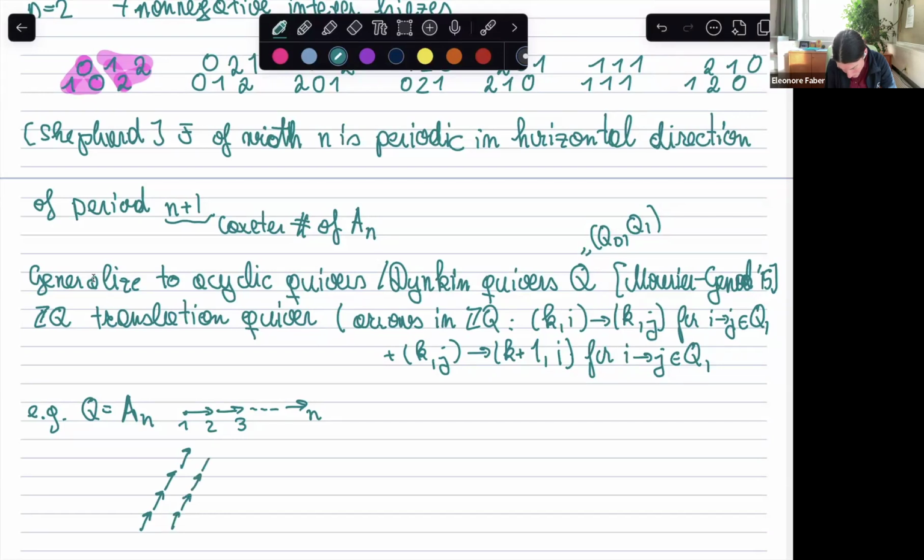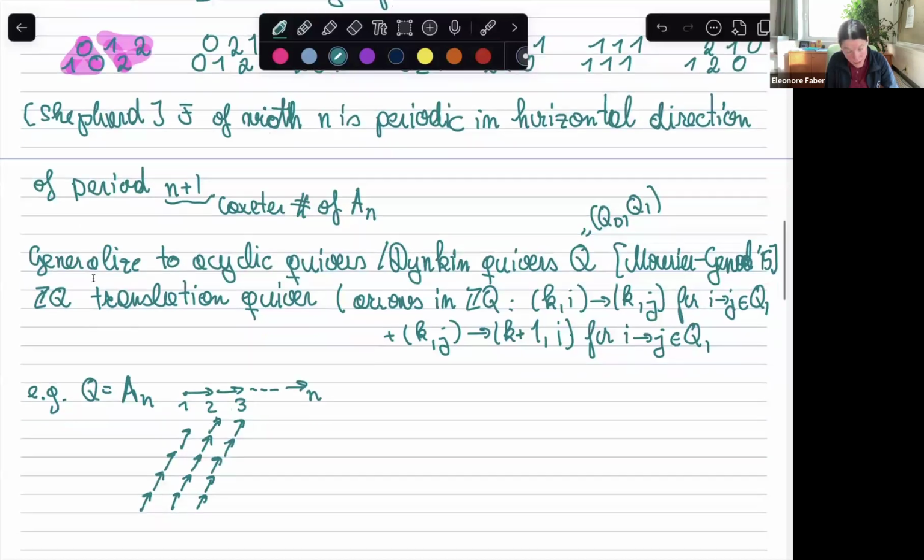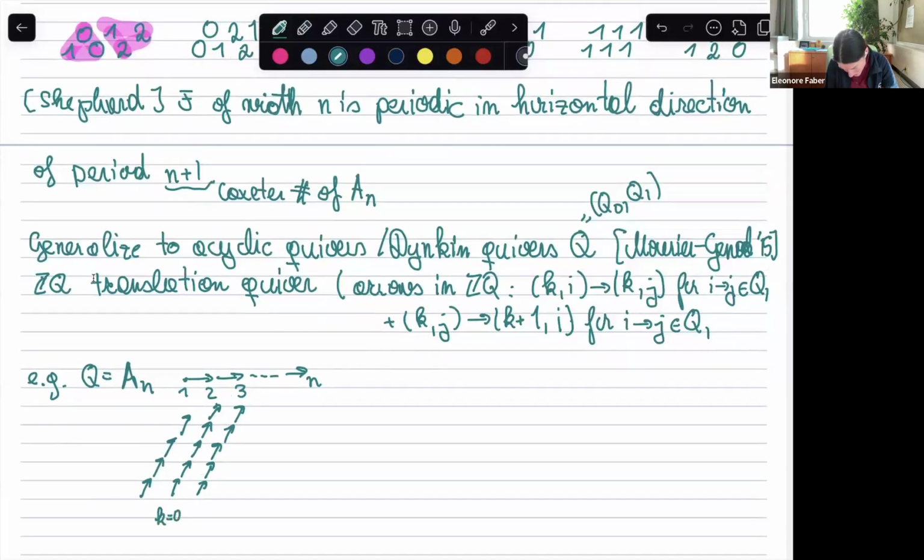So this would be, for example, here k is 0, k is 1, k is -1. And then I'm adding extra arrows. Oops, I drew one arrow too much. That's not good. I hope it should always be the same number of arrows, but I'm getting somehow fewer. Okay, so I hope so far so good.